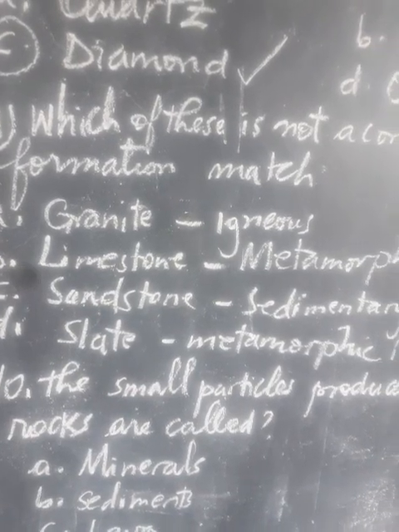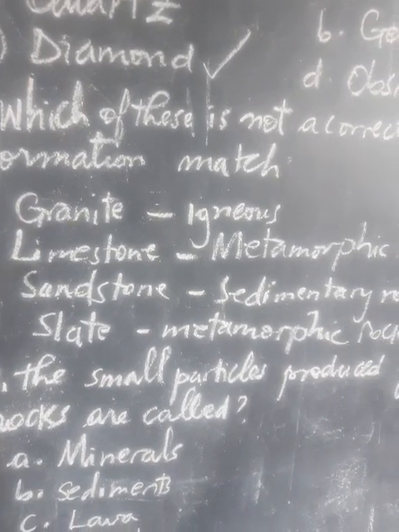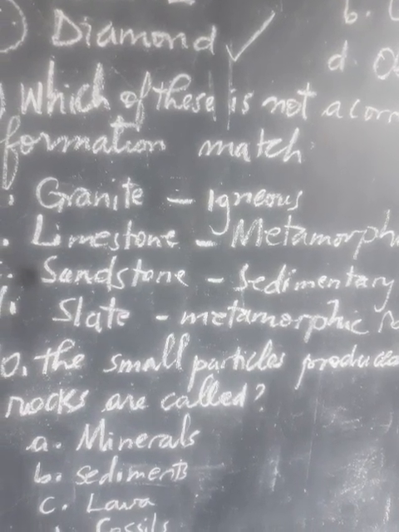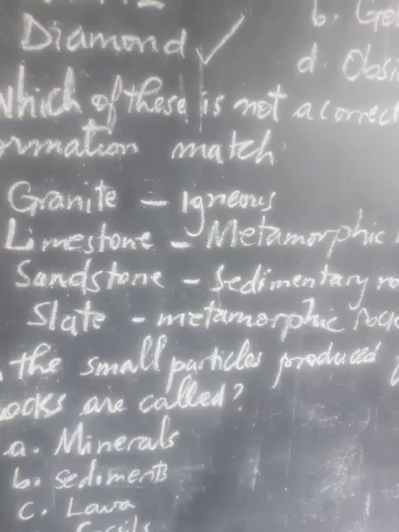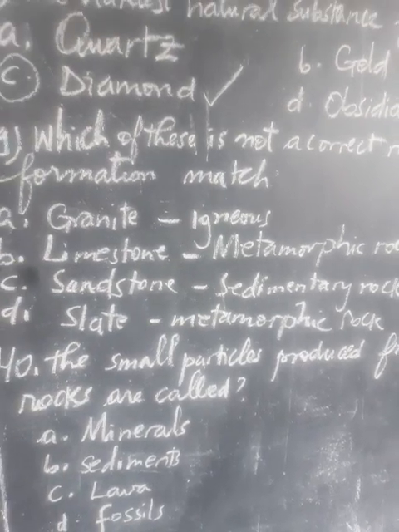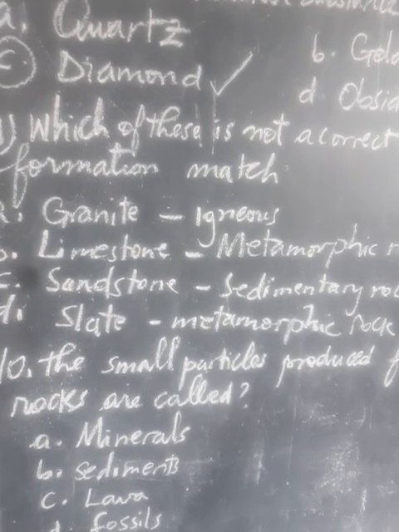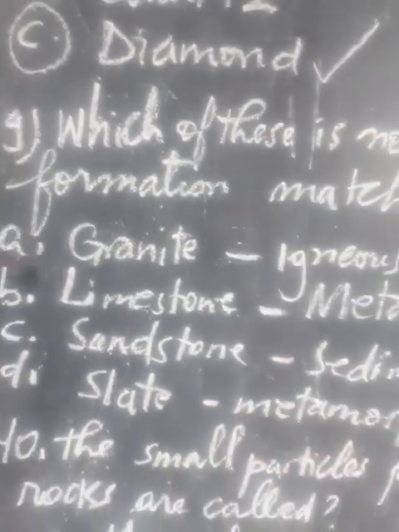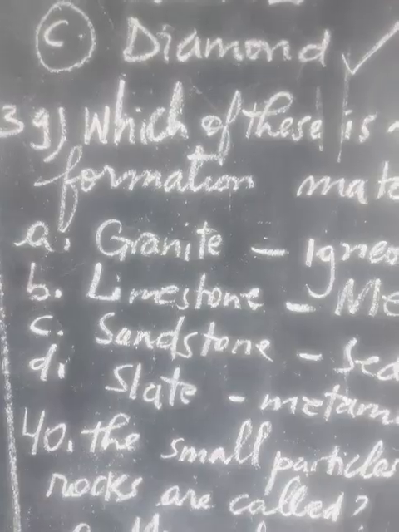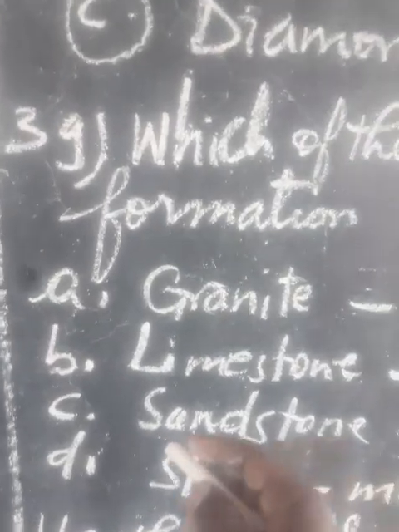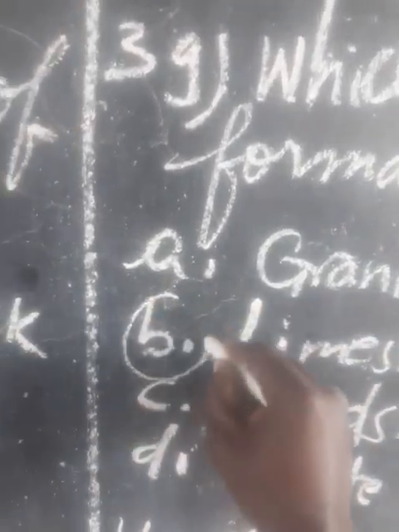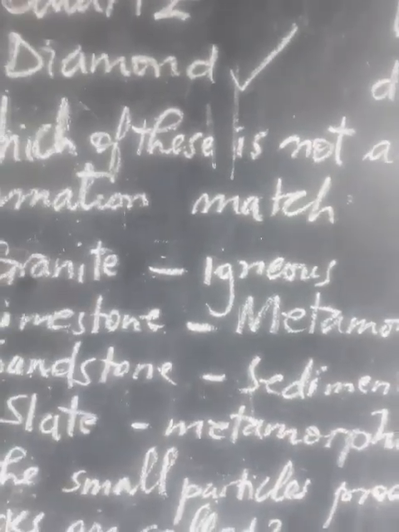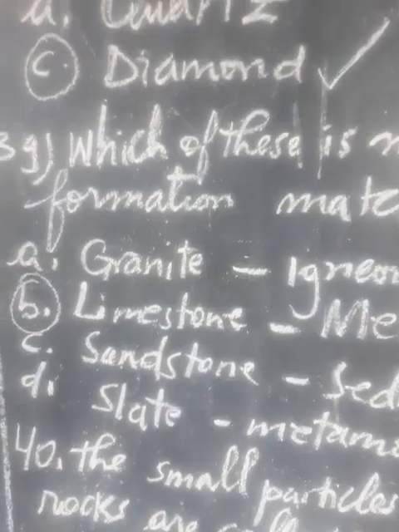B. Limestone is an example of metamorphic rock, which is not correct. Limestone is an example of sedimentary rock. C. Sandstone, an example of sedimentary rock, correct. D. Slate, an example of metamorphic rock, correct. So the correct answer is B, because limestone is not an example of metamorphic rock, but an example of sedimentary rock.